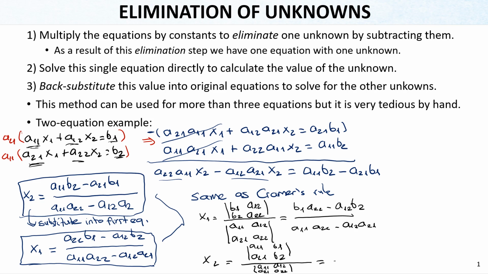From here we will have the same equation, a11 b2 minus b1 a21 divided by a11 a22 minus a12 a21. If you remember, it is just a cross multiplication and subtraction of these terms from each other. We do this. So you can see both Cramer's rule and elimination of unknowns will give the same results.